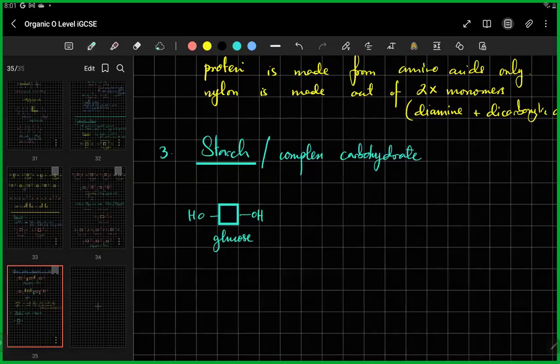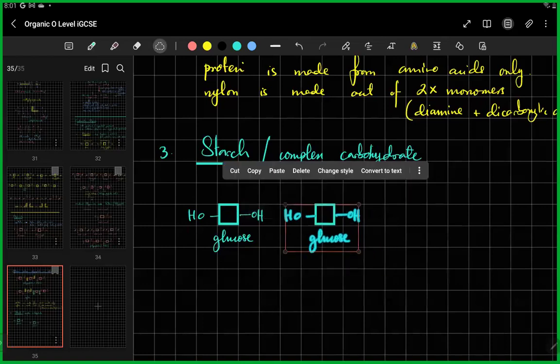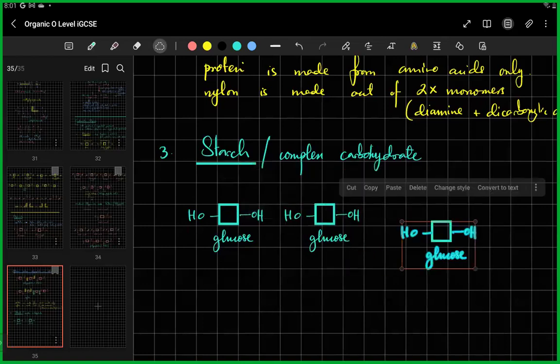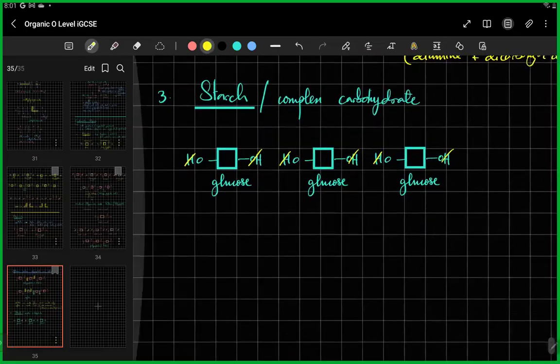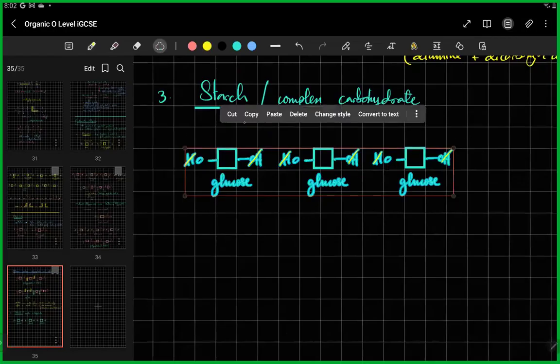Many such monomers line up. Complex carbohydrates are also polymers. Same thing: OH and H, water keeps coming out in between, and what you're left with is all of them connected.